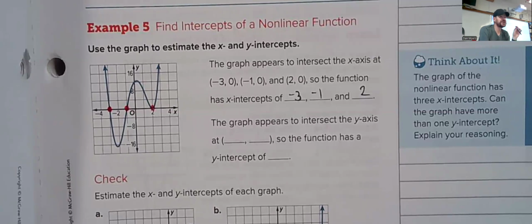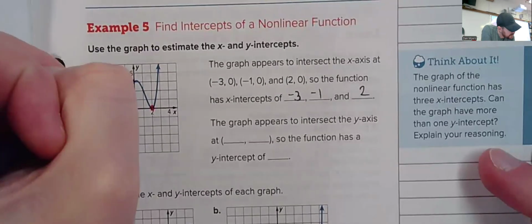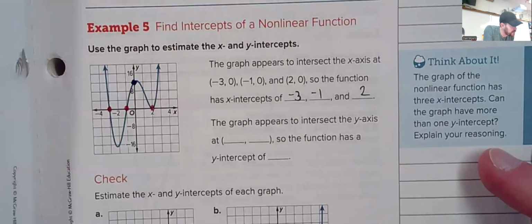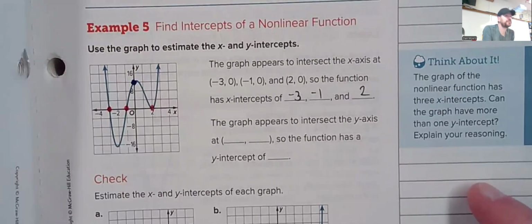If you are looking at a function on a graph, it can have at most 1 y-intercept. So this graph appears to cross the y-axis down here, right up here at, what number is that? 12.